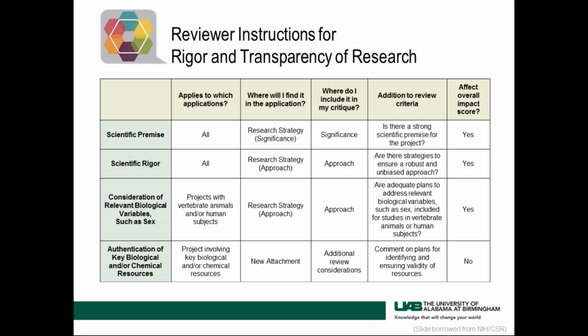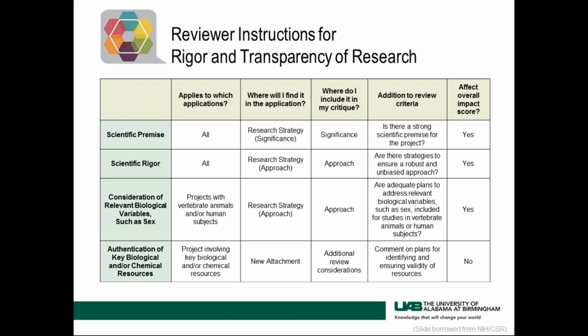So here's a key table. The key table is showing you, okay, it applies to all applications. This only applies to those that have it, but even if you're not doing it, you gotta upload the document. Here's where you're supposed to find it. So you're supposed to have the scientific premise in the research and the significance.